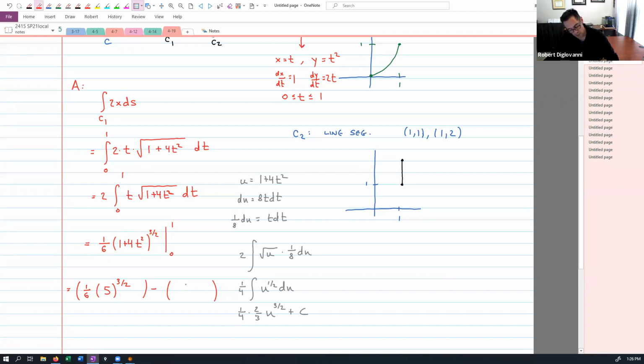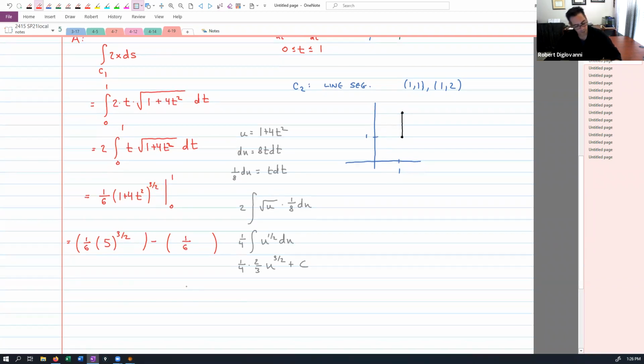So we just get a minus 1/6 here. I mean, that's it. I'm not going to go any further with that. We could get a decimal, but I'm just going to leave it like this. That's some number, right? We could pull the 1/6 out. There's a lot of different ways we could write that, but I'm happy with that. That's the exact answer.